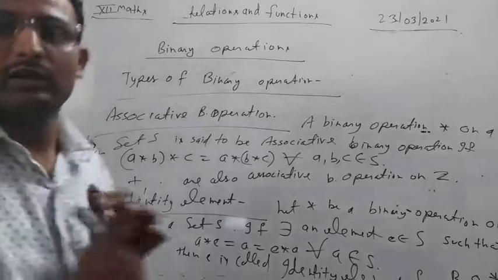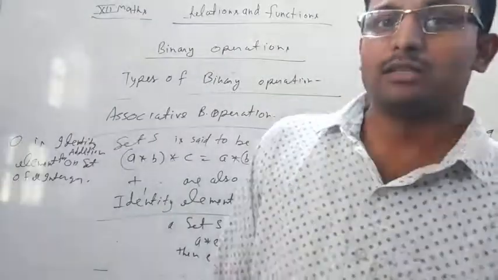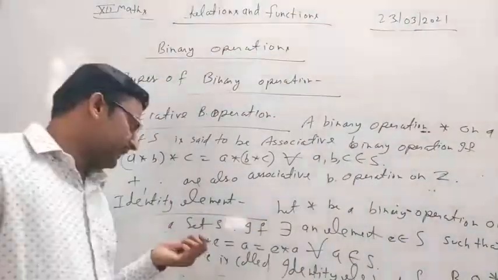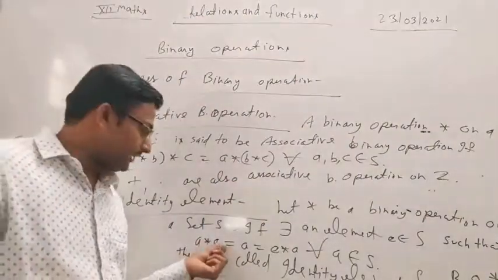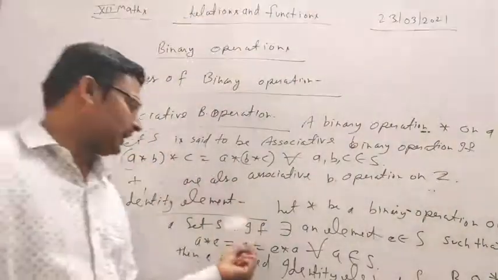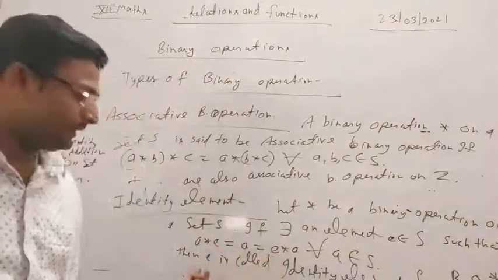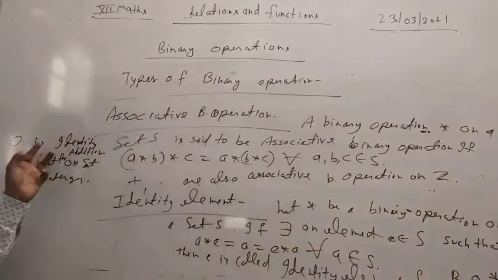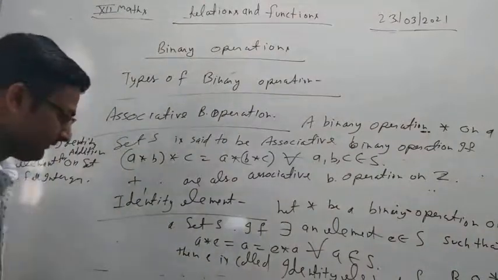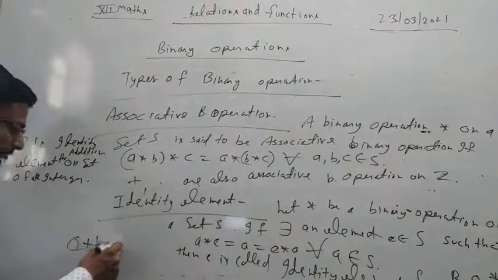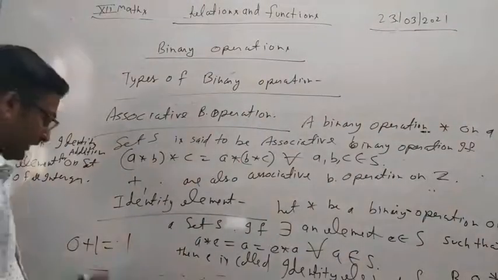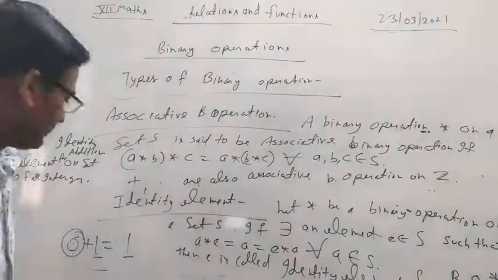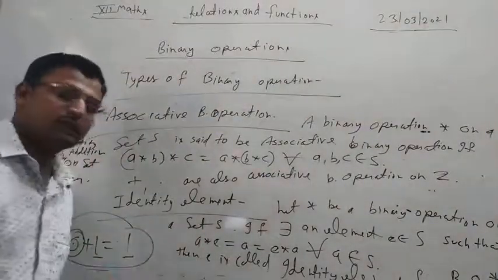Okay students, so we can say that this is our identity element. Okay, if we are taking any element A, with that element it always gives A, so that element is called the identity element. Okay, so here we are taking 0. Suppose that we are taking 0 plus 1, so it gives 1. That is, this is our A, so this 0 is called the identity. Okay, so this is our identity.